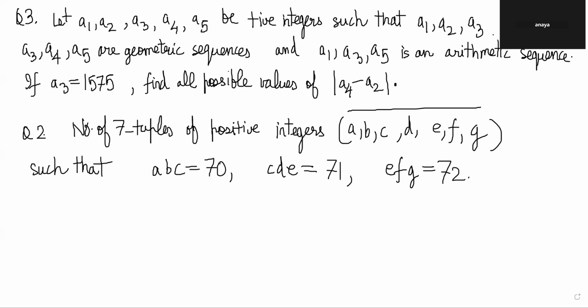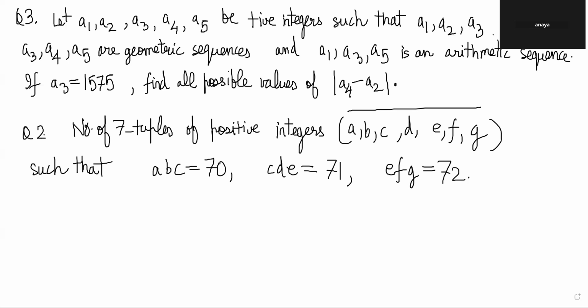The possible values of these numbers will be, what are you getting? C is common in the first two equations, so it has to be 1, and so is E. Then the equations become much simpler.